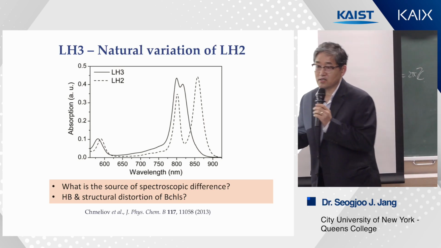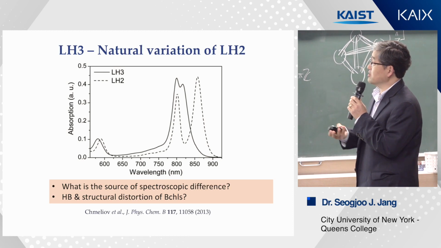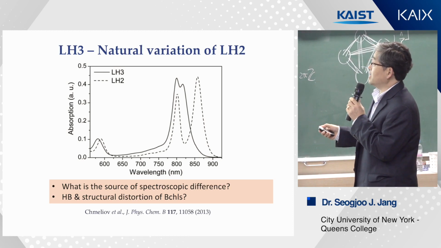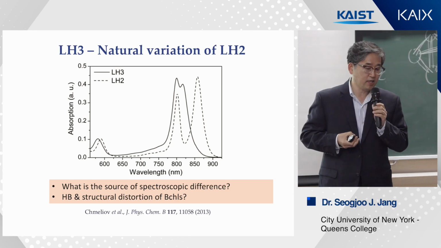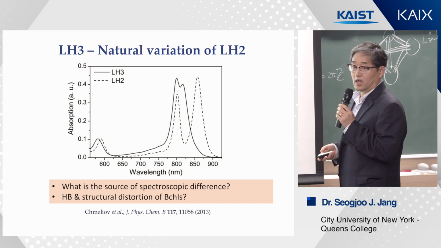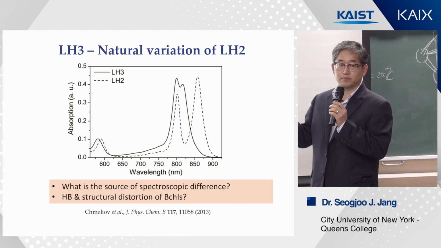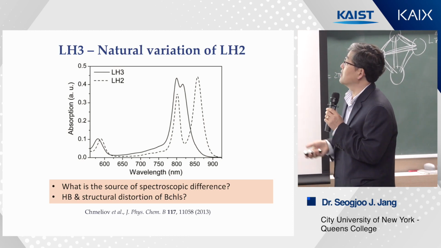Another interesting thing that we also got interested in, and wanted to understand, was the so-called LH3 complex. The LH3 complex is a variation of LH2 that is formed by the same organism when the light condition is different.